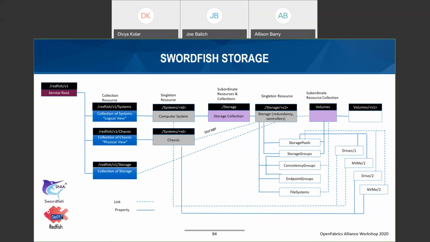So this is how the various resources in both Redfish and Swordfish are laid out so that you can do management of these resources. We have different colored blocks. Let me tell you what those are. The blue and the purple blocks are nothing but the resource collections. Those are a set of resources of a similar kind. And the gray blocks are nothing but the singleton resources.